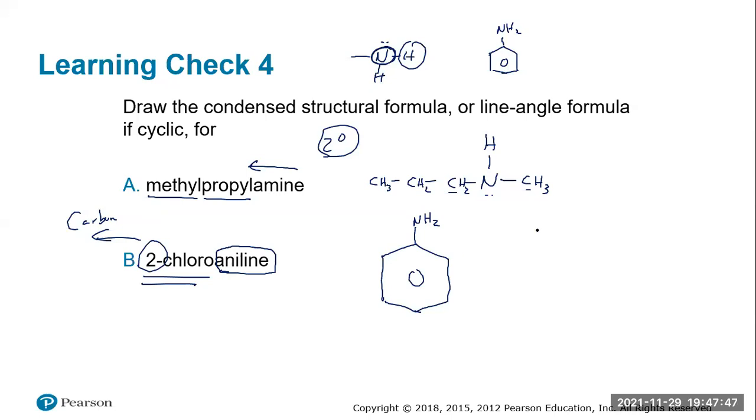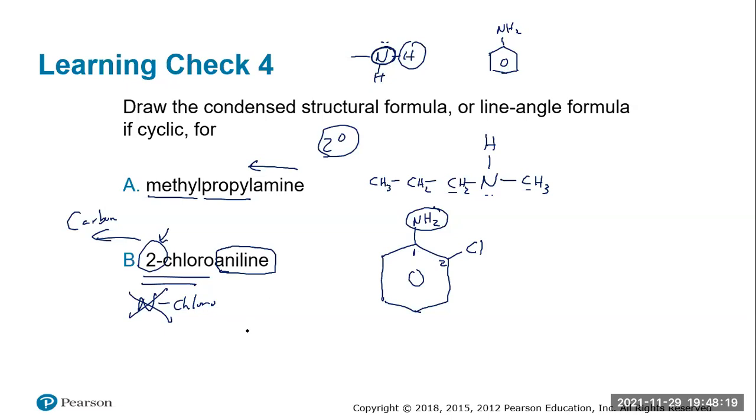If it wasn't a carbon and was attached to the nitrogen, this would say N-chloro, right? Because it doesn't say N, we do see a number. Number means carbon. That is where it's attached. What we do know is this would be carbon number 1, because that's where our amine functional group is located. And you could go left or right. Since you are drawing it, I will go right, and that would be carbon number 2. And then we're going to put a chlorine there. Question on that one.